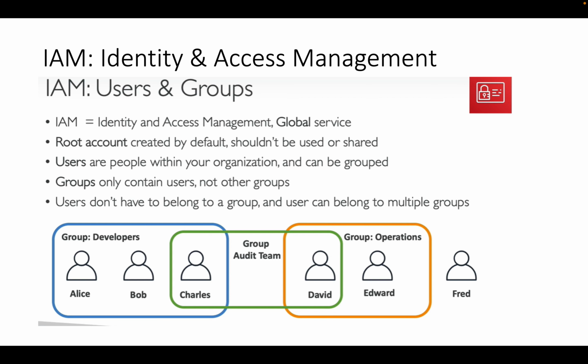By using this root account, you can create users within your organization and also groups, and then you invite the users into those groups, right? So a group only contains users, not other groups.